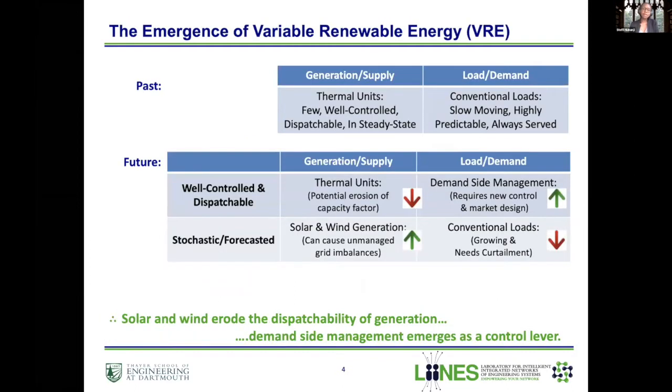Something else that Weston mentioned is that the power system is changing. Specifically, we see this on the supply side, where in the past we would have well-controlled generators, but now with solar and wind, a lot of this control is lost and is being replaced by variable generation. A different change on the demand side is an increase in demand side management, and this provides a new control lever that power system operators can start leveraging when it comes to renewable energy integration.